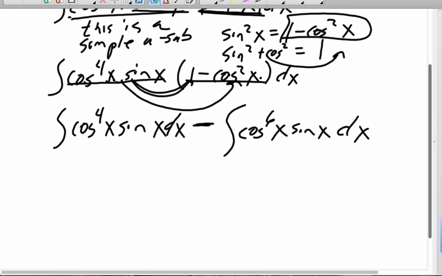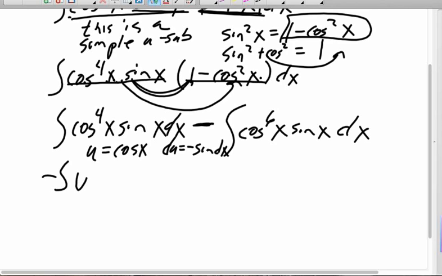Now we've got two integrals we can do. My u in both cases is going to be cosine. du is negative sine dx. So I've got the negative integral of u to the fourth du, and a minus and a minus gives me a plus integral of u to the sixth du.